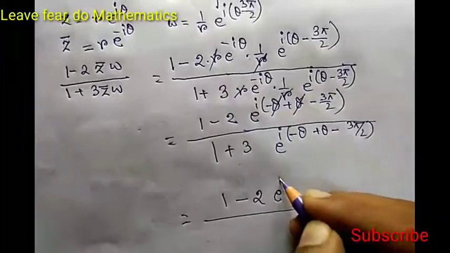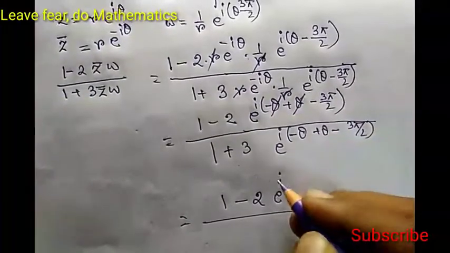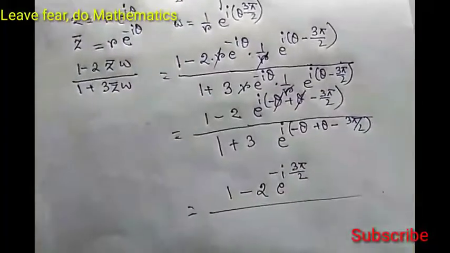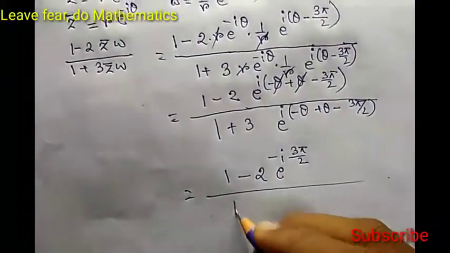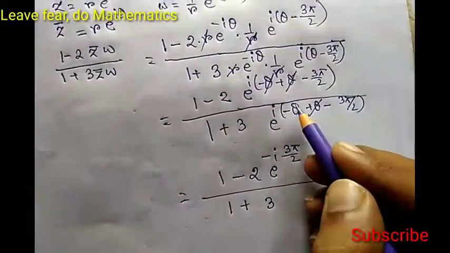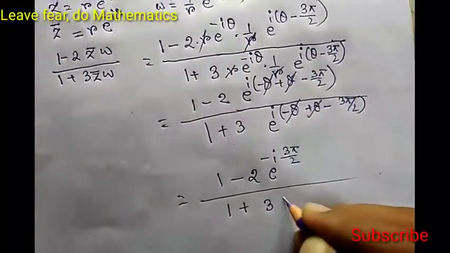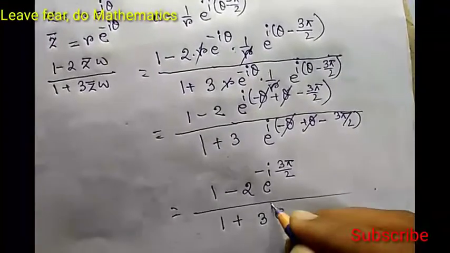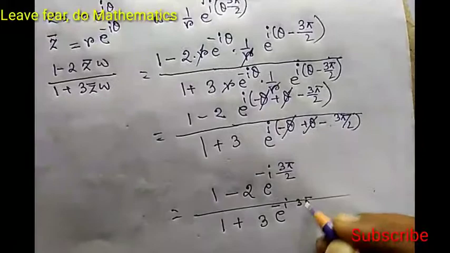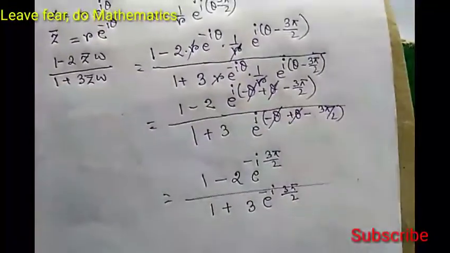That means e to the power i times minus 3 pi by 2, that is minus i into 3 pi by 2. Similarly, the denominator gives 1 plus 3 times, here also plus theta minus theta cancel out. We have 3 times e to the power minus i into minus 3 pi by 2, that is minus i into 3 pi by 2.